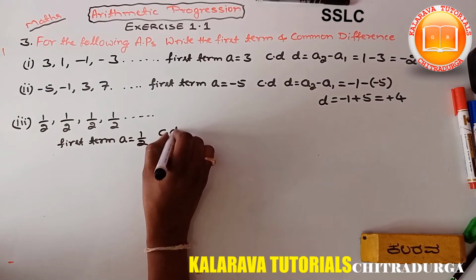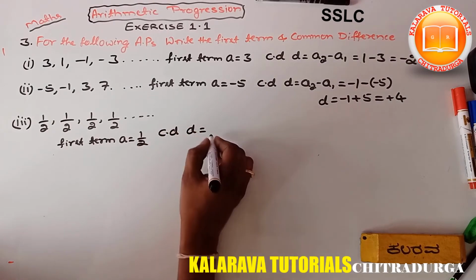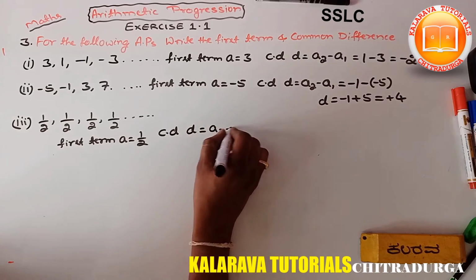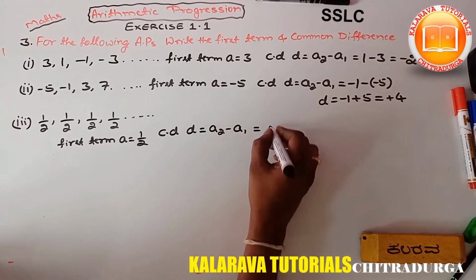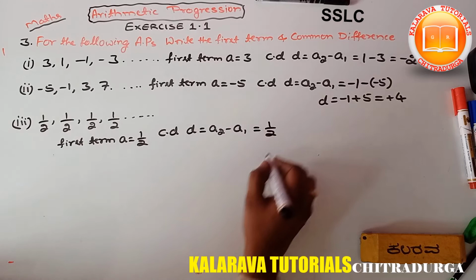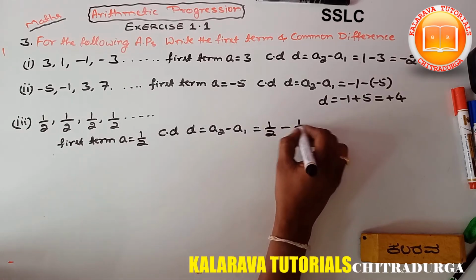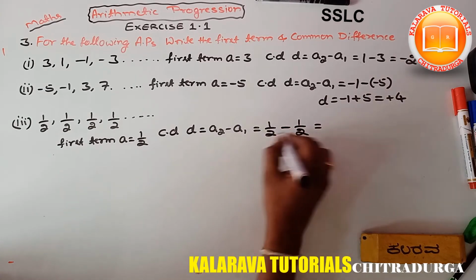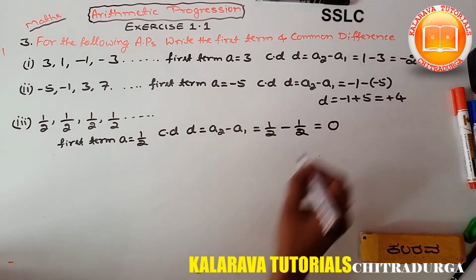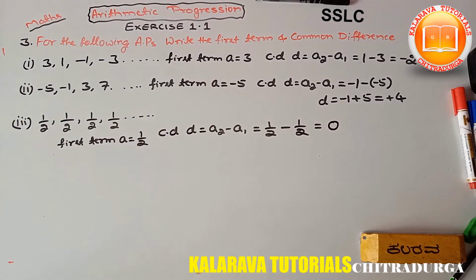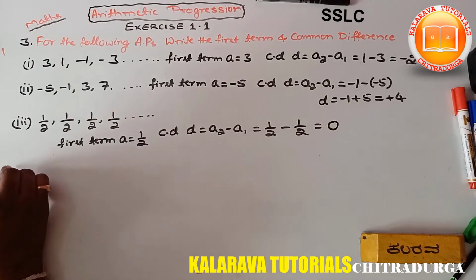And for writing the common difference, D is equal to A2 minus A1. So A2 is half minus A1 which is also half, that gives you half minus half, that becomes 0. Here this one is the first term and the common difference.